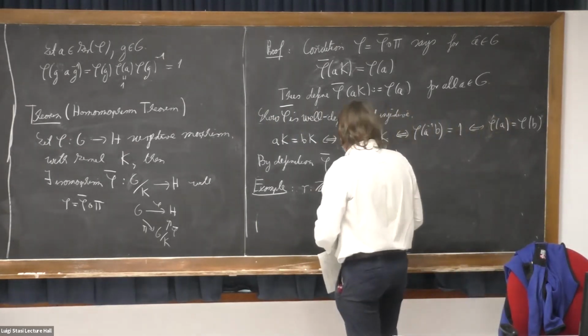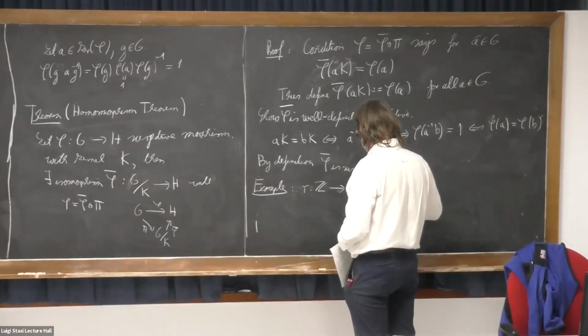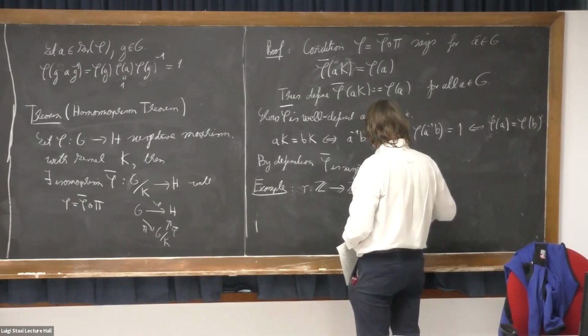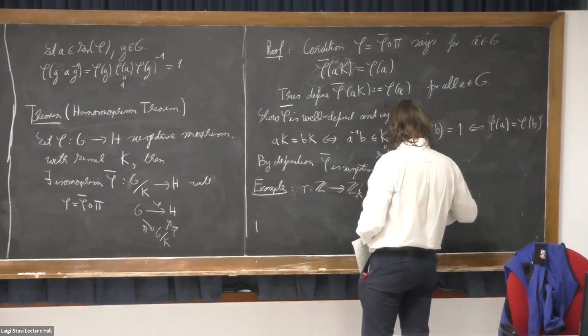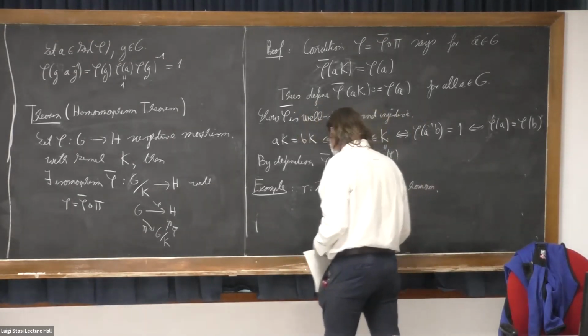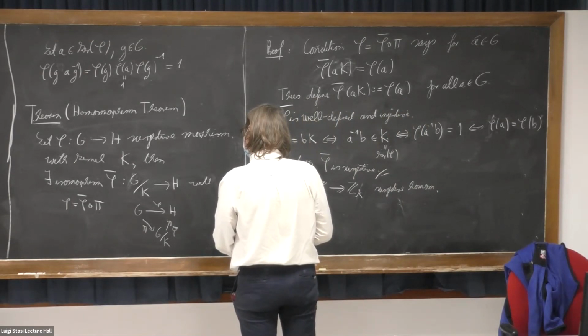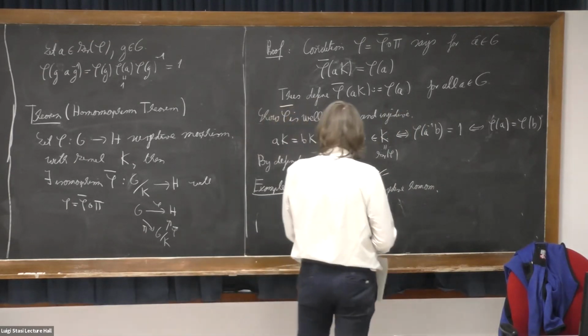R was the remainder under division. This is the surjective homomorphism.